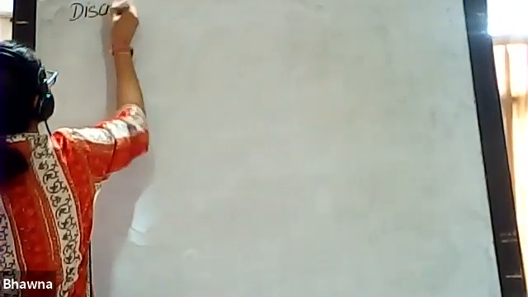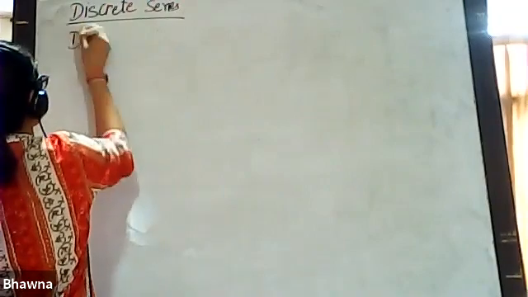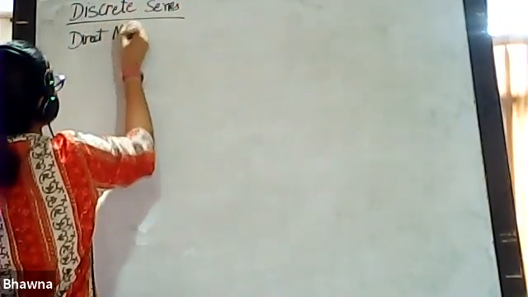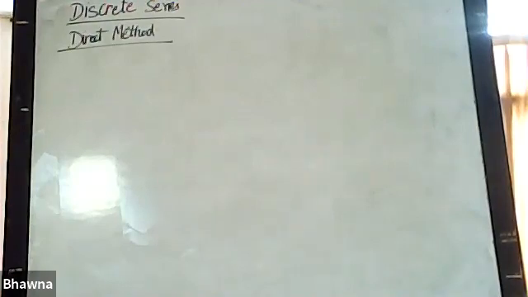First is the direct method, and another one is the shortcut method. In this sum, calculate the arithmetic mean from the following data. The wages and the number of workers are given here.